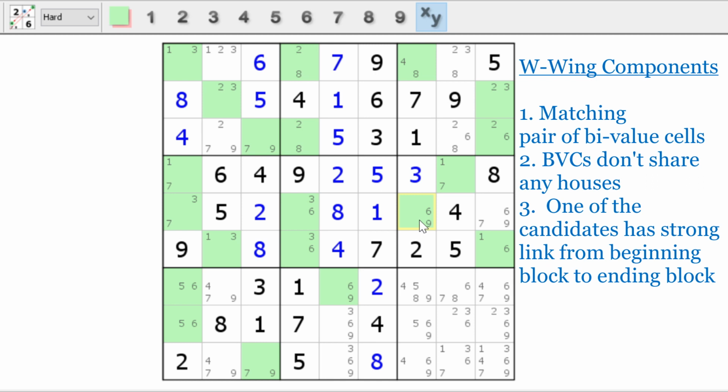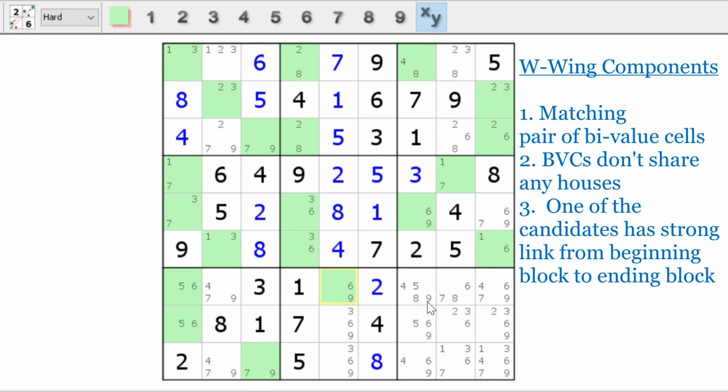So what I'm saying is, this 6 or 9, you have to be able to go down here and find a 9 or a 6 in a different house from the end one. So I need to find a 9 or 6 that has a strong link to get into this block.